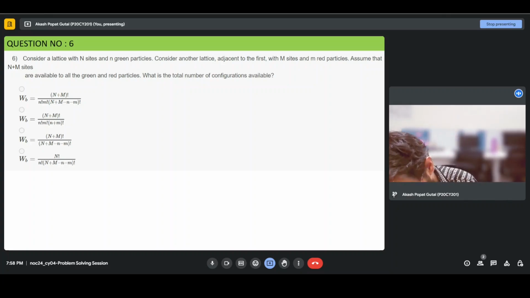So we have n sites. So there are, let's say, n sites, and suppose there are green particles, and some sites are vacant. Okay.